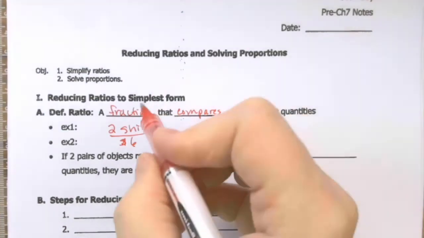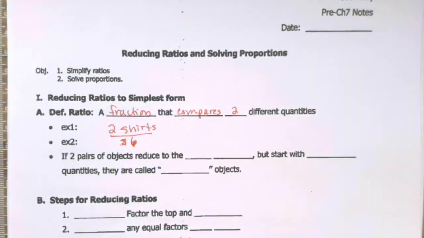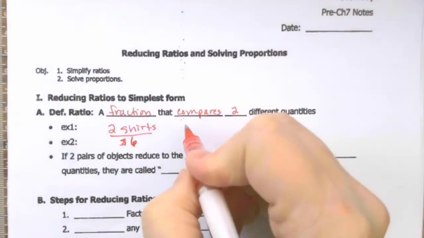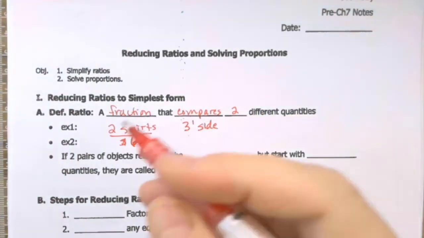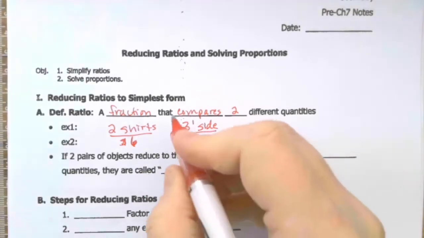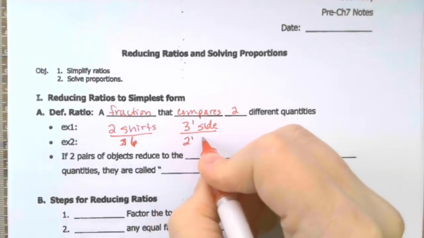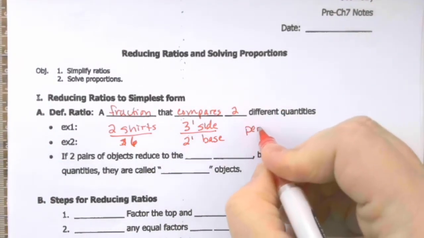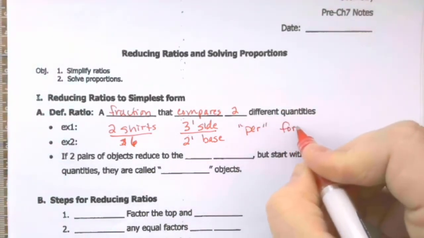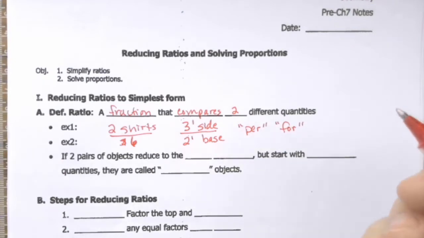Notice the word for separates the top from the bottom. The other one would be something like a 3-foot side of something per 2 feet of base. So you're going to hear the words per a lot, or for, which indicate the fraction bar.